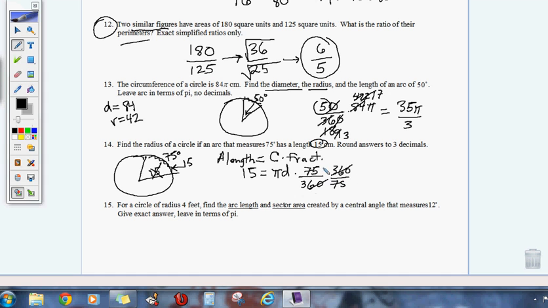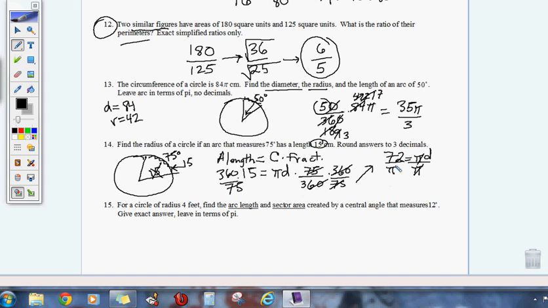Okay, so when I actually have 75, I'm going to multiply both sides by 360 over 75. Why am I doing this? So that I can get the pi d by itself, just multiplying by the reciprocal of a fraction. Doing this to both sides, I'm going to clean this problem up over here, and we actually get just the number 72, which is fantastic, equals pi times diameter. I am looking for the diameter, so I'm going to divide both sides by pi.